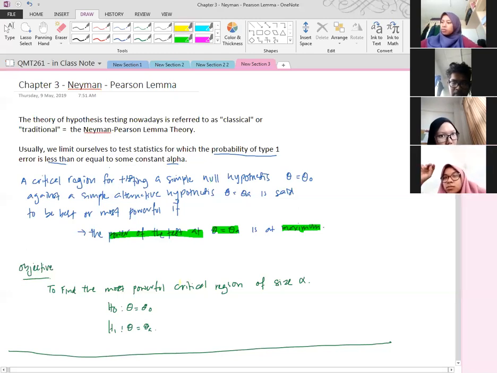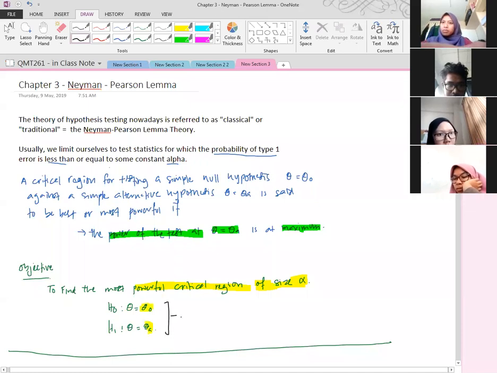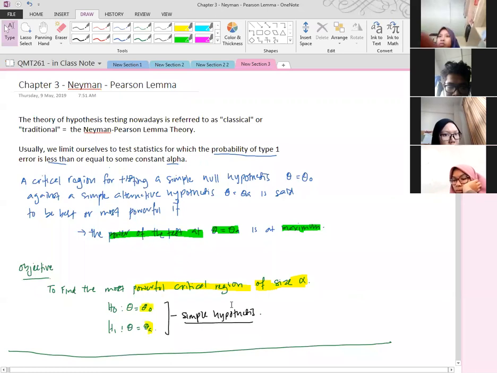We want to find the most powerful critical region of the size alpha, for the null hypothesis theta equal to theta naught, and alternative hypothesis theta equal to theta A. So based on the hypothesis statement here, we want to find the most powerful critical region at the size alpha for a simple hypothesis. We cannot find the most powerful critical region for composite hypothesis, right?